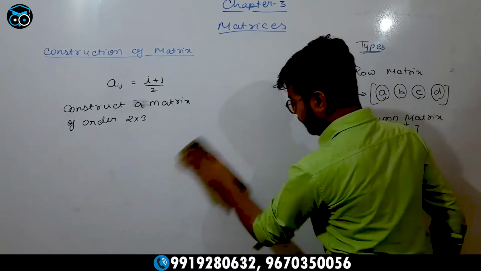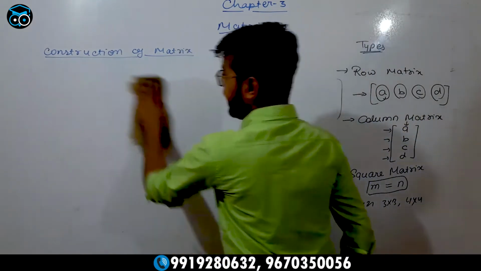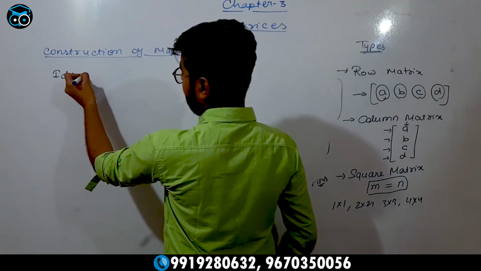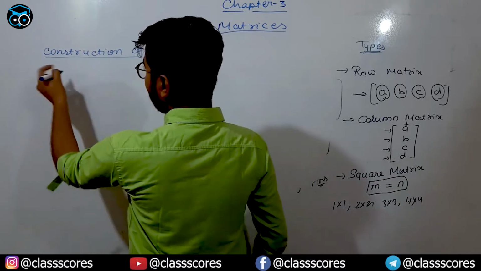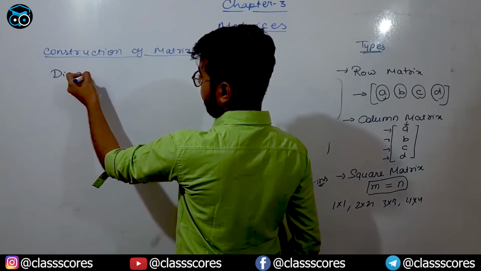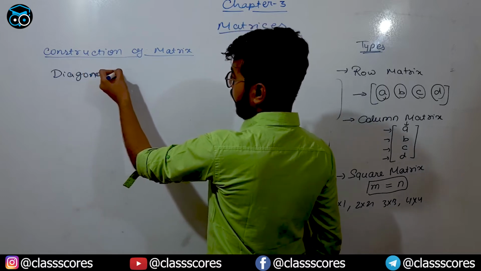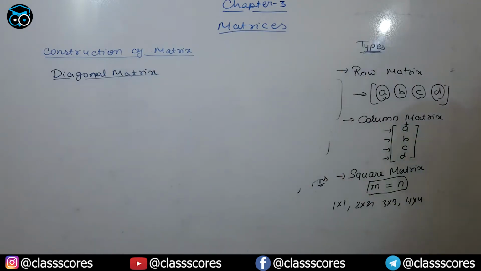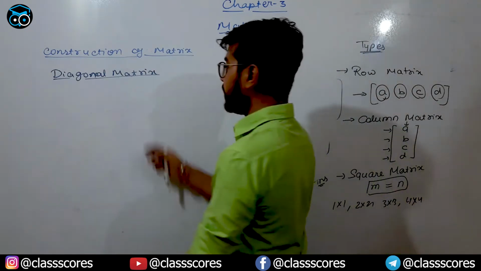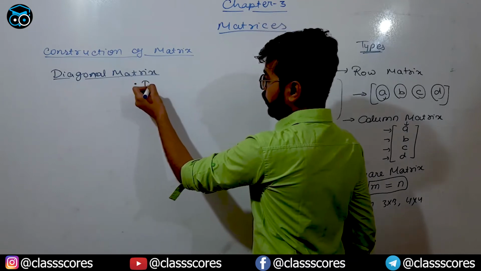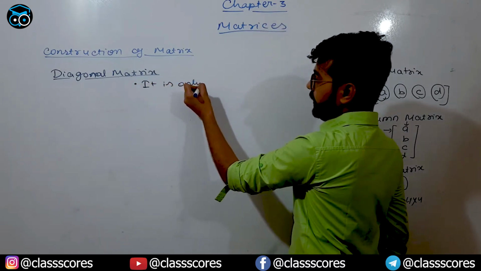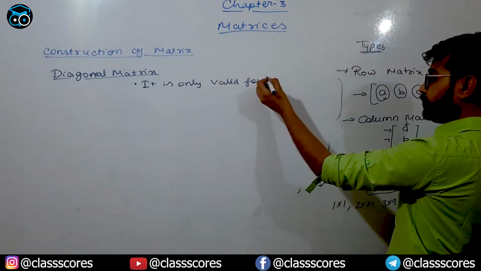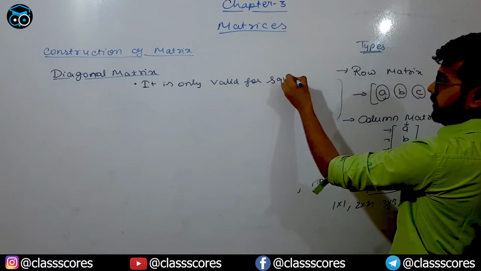Now moving towards next. Our next type is identity matrix. Okay, before identity matrix, we need to understand about the diagonal matrix. First of all, the condition for diagonal matrix is it is only valid for square matrix.